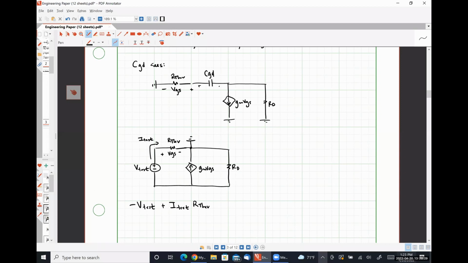Those are going to combine together and flow through RD. And so I'm going to have plus RD times I test plus gm VGS. So gm and then VGS is simply R Thev times I test. All of these combine together to make 0.